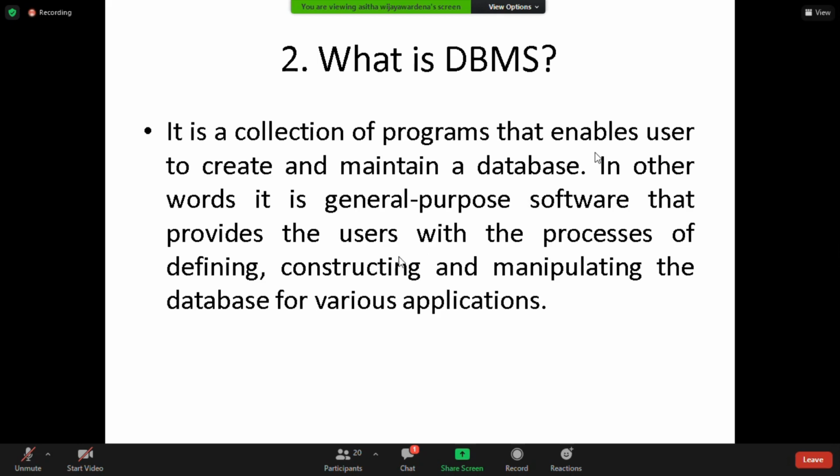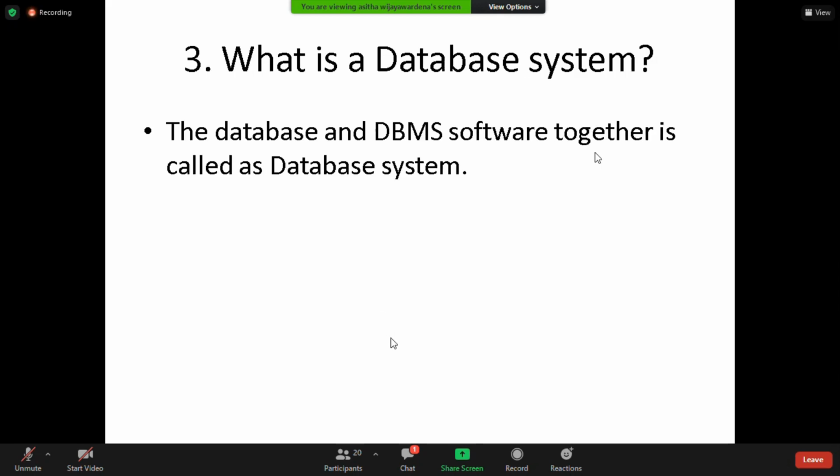There can be a lot more administrative things possible with a DBMS. If you check the database system, the database and DBMS together we call a database system. Right? Then a database system should have a database as well as a database management system.